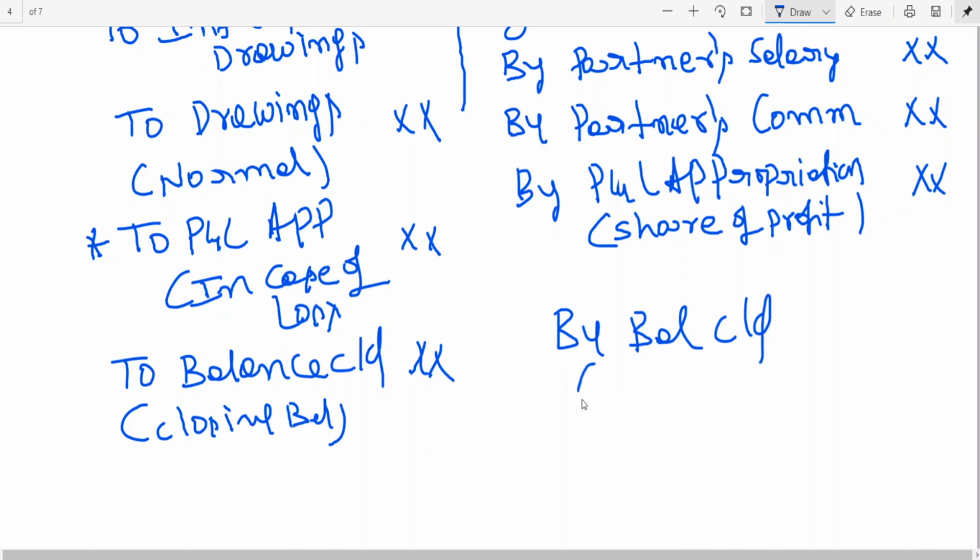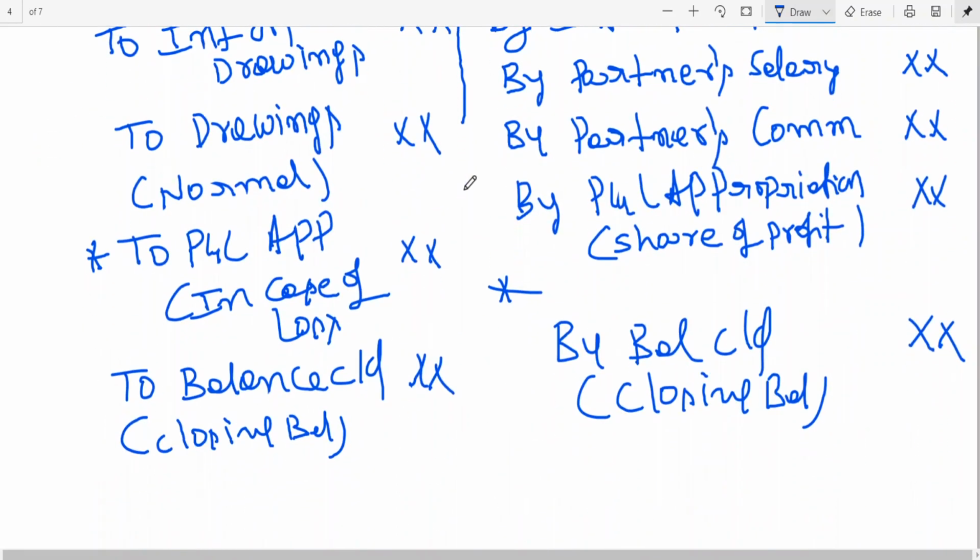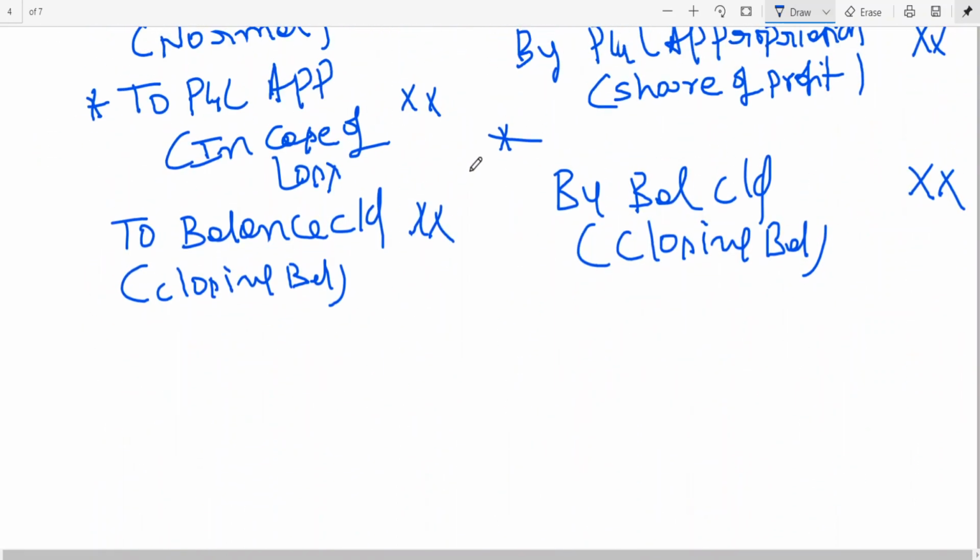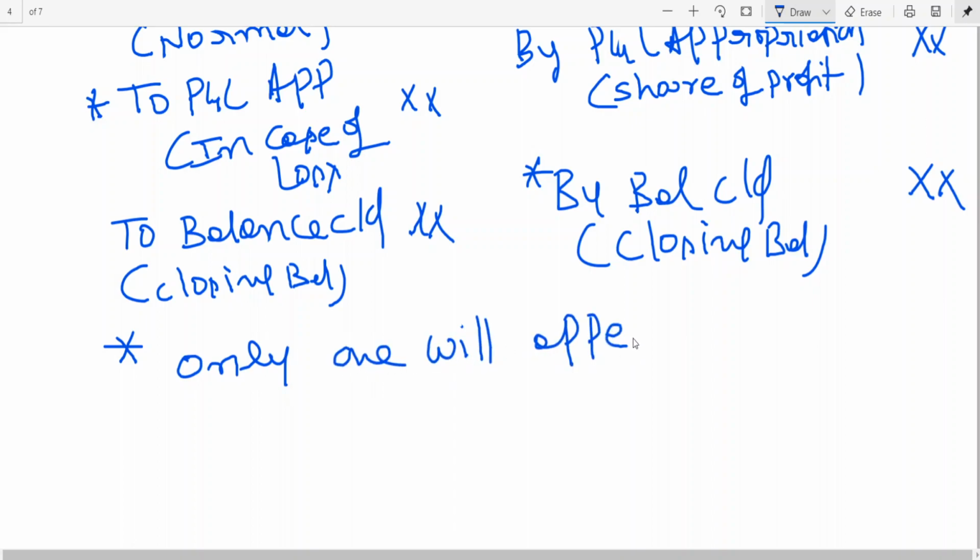Then in such a case, current account may show debit balance. I am putting a star, it indicates that only one account will appear. Is this clear to all of you?